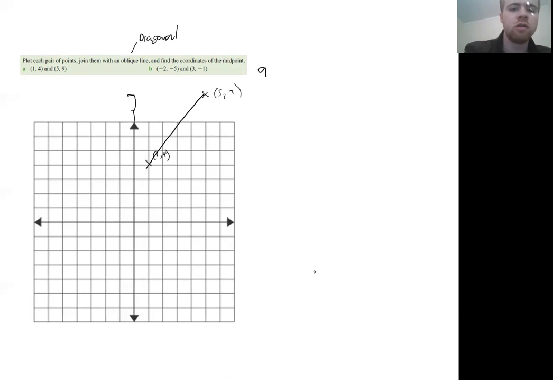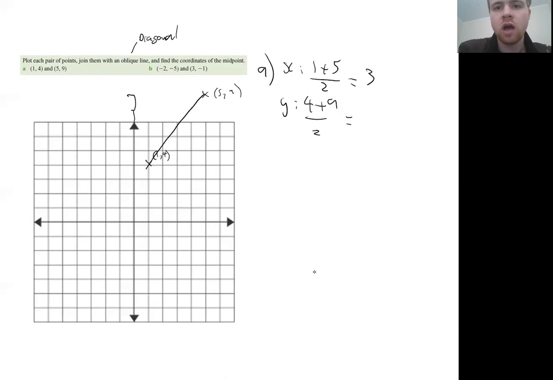What we're going to do is average out the x values, average out the y values. For x values, it's going to be 1 plus 5 over 2, which gives us 6 over 2, which is 3. For the y value, it's going to be 4 plus 9 over 2, which is 13 over 2, which is the same as 6.5.